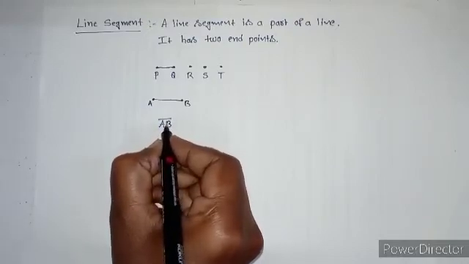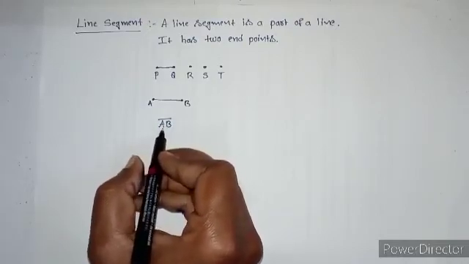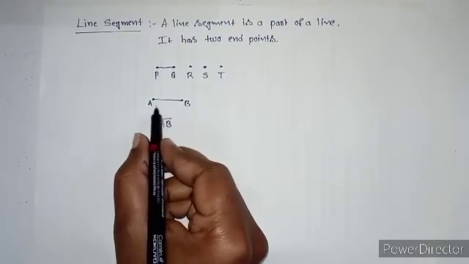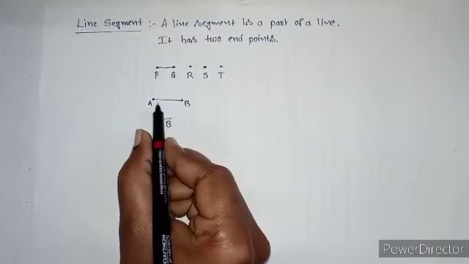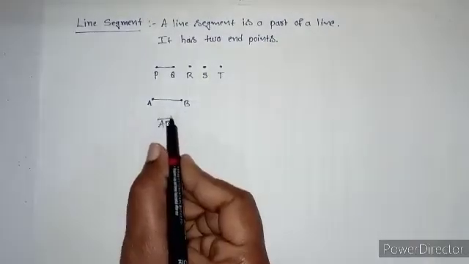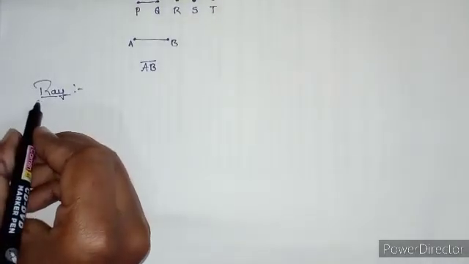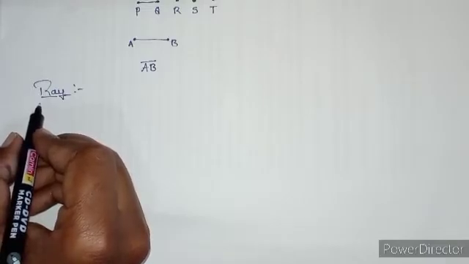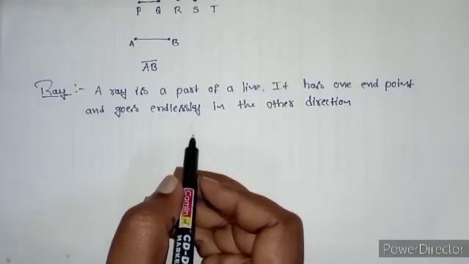Like this, the length between the 2 points is limited, so it can be decreased or increased also. Students, next we are going to know the ray. A ray is a part of a line.